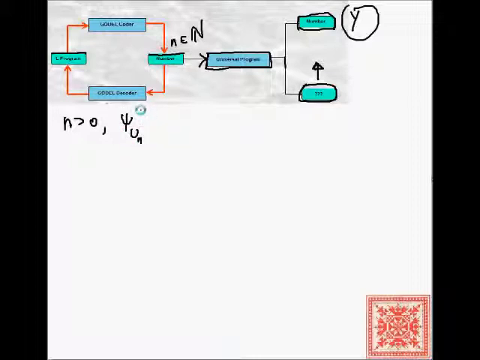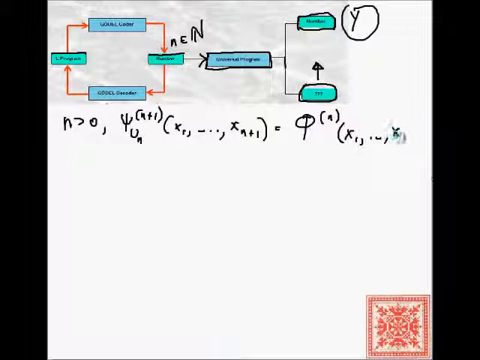To review our notation, let's consider n greater than 0. Psi sub u n, n plus 1, is a function of n plus 1 arguments, and is equal, as we have agreed and defined the notation, to phi of n, x1 through xn plus 1.